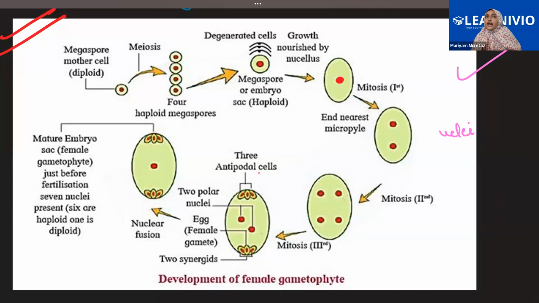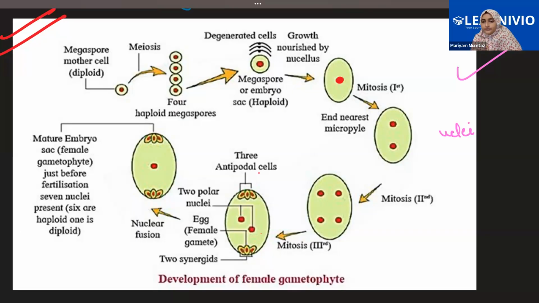But if any organism is diploid, then what happens? They have two sets of chromosomes. And if the organism is haploid, they will have one set of chromosomes. And in general, no matter if it is plant, animals or human beings, all of the gametes will always be haploid.